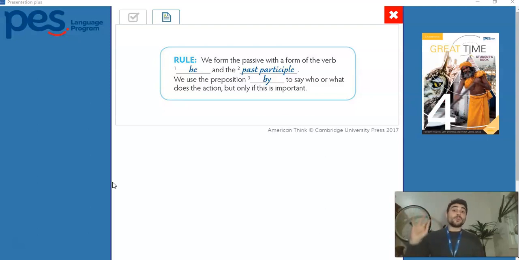Then the simple past form, which is did, and the third form, which is the past participle, which is done, right? And we use the preposition by to say who or what does the action, but only if this is important. Remember the example I gave you about John and Mary.